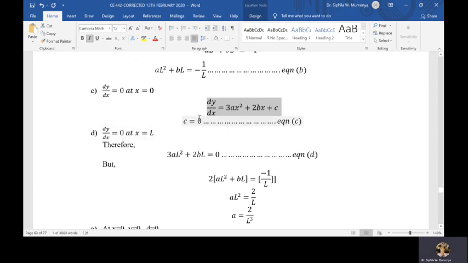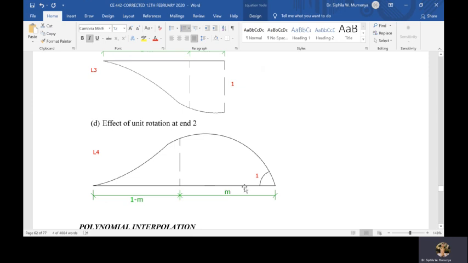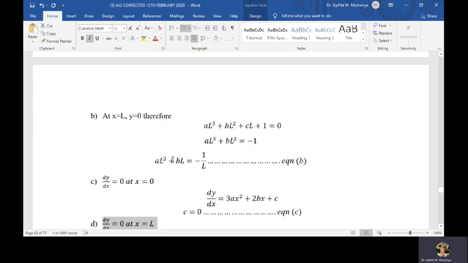So therefore, if dy by dx is equal to 0 at x equal to 0, then you get a value of c equal to 0, that equation. And also, we know dy by dx is equal to 0 also at x equal to L because of this shape. You know the shape there is equal to 0.